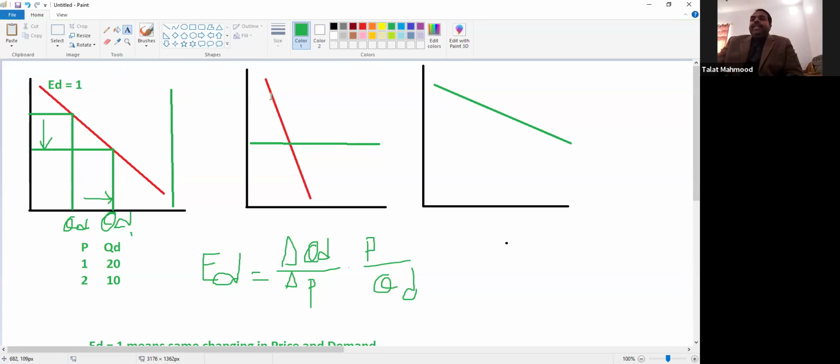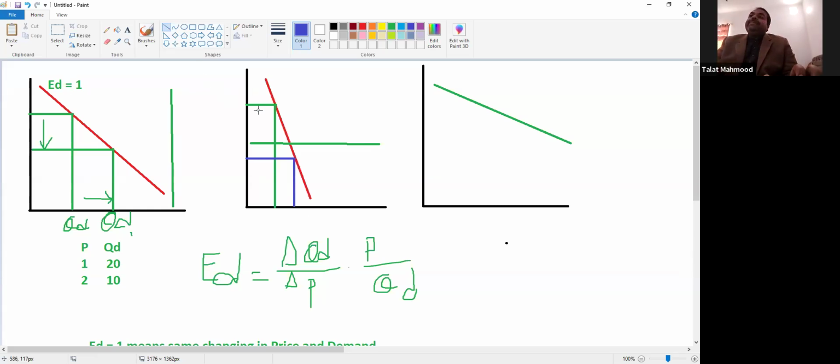Here, this red line is a steeper curve. Look at it carefully and you will find it by yourself. What is this change? This was the first price. Then after that, we see a change. Price is decreasing at a high rate. Will it affect the demand at the same rate?